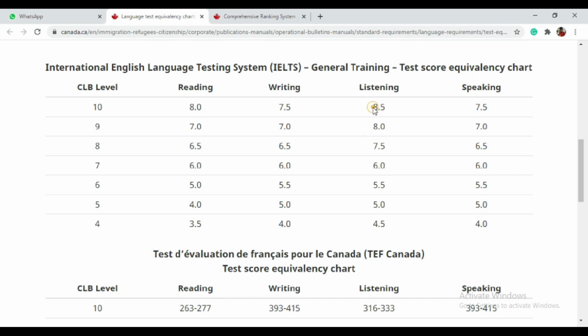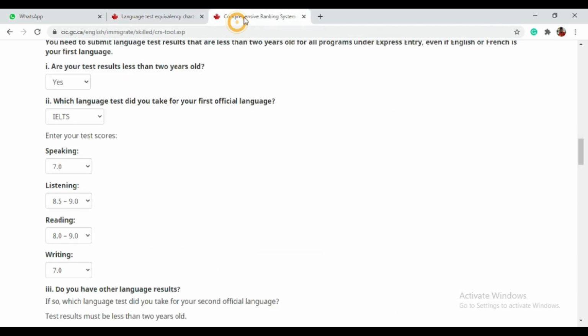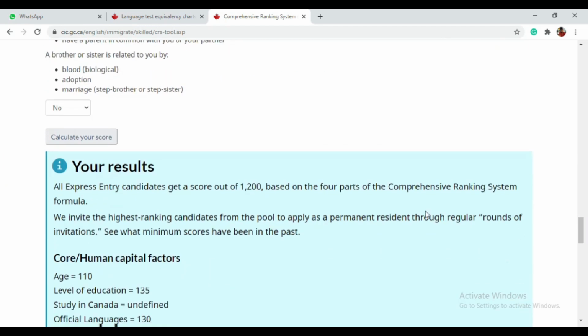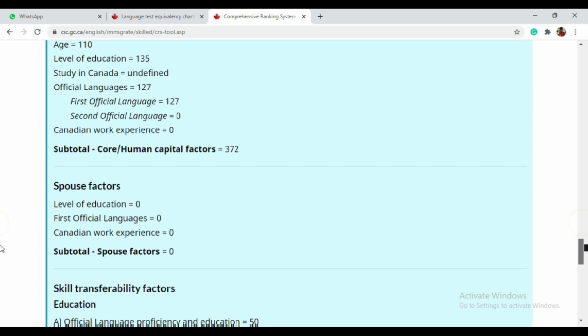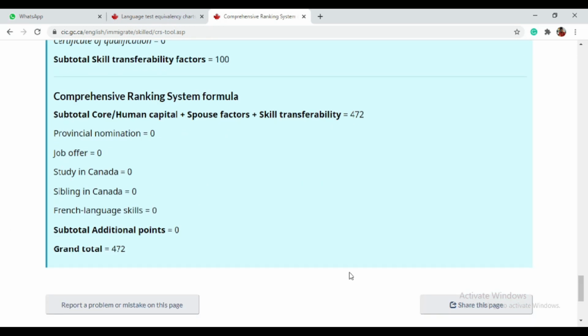If you scored 8.5, then your CRS will be more than 469. Let me just work it out again. Reading is 7. Everything else apart from listening is CLB 9, but listening is CLB 10. So let's see, instead of 469, how many points will be given? So you could see 472.